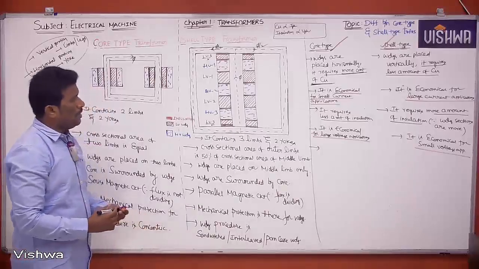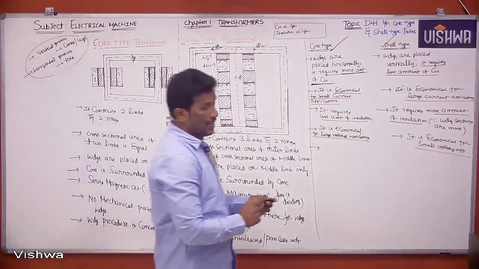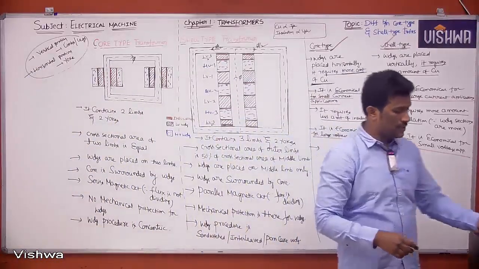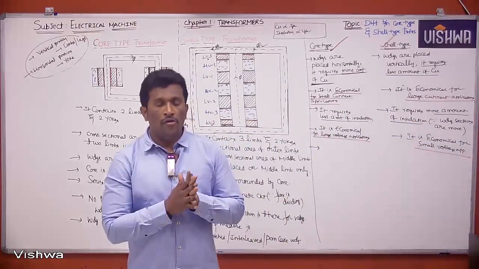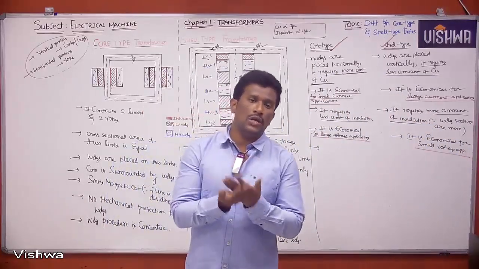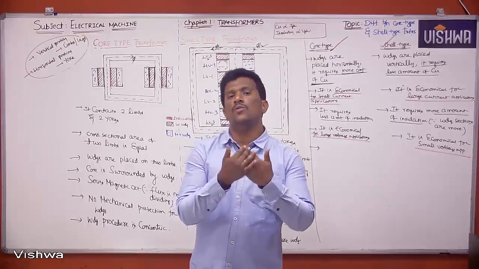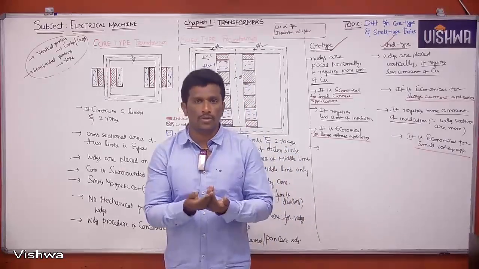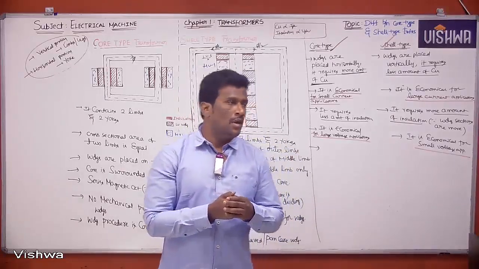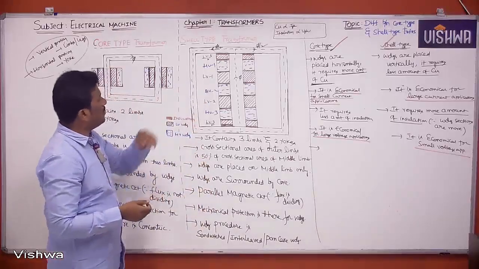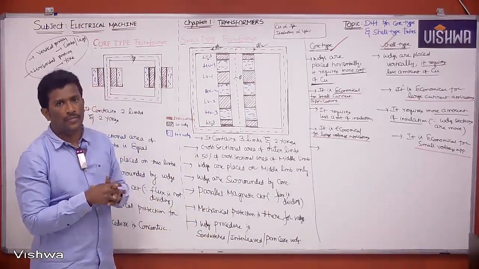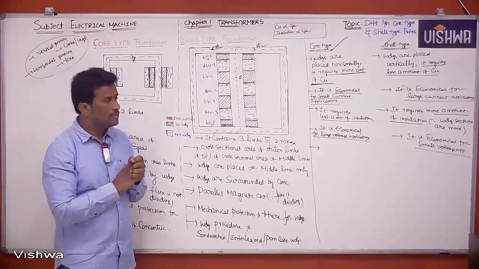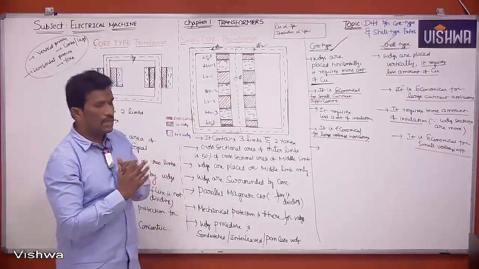If you observe clearly, what about leakage flux? I think I already told you: flux which links with either the low voltage winding or the high voltage winding, but not both, is called leakage flux. Now see here, in shell type transformer, leakage flux will generally be less. Why? Just see the diagram.